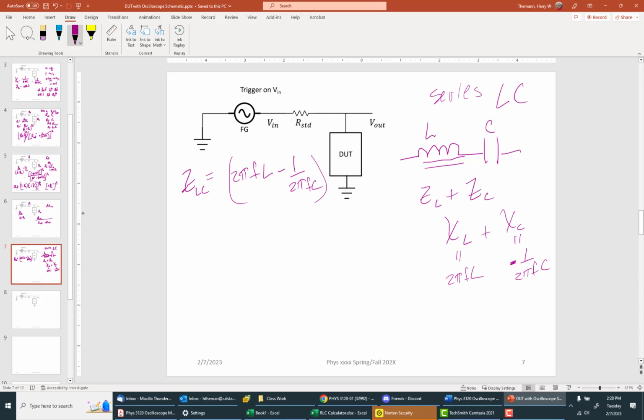And in fact, to be strict, we have to add them like this. Yeah, it's easier if we just say chi LC is equal to 2 pi FL minus 1 over 2 pi FC. I have a tendency to mix those together. This way is better.